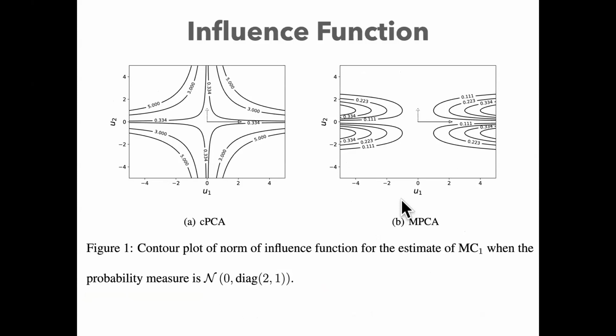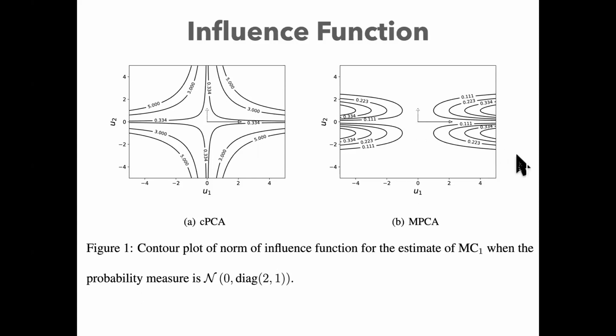We consider a two-dimensional Gaussian distribution centered at the origin and with a diagonal covariance matrix. And it is seen that the values of the influence function of the modal PCA are far smaller than those of the classical PCA, and it indicates the robustness of modal principal component analysis to any outlier u.